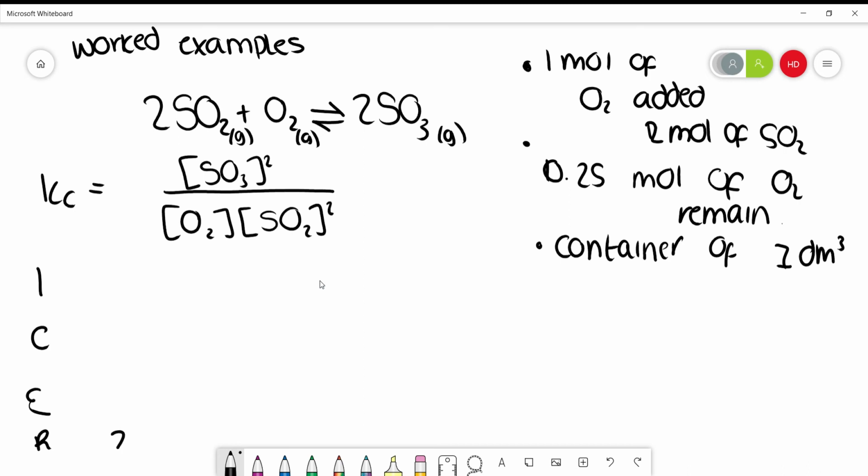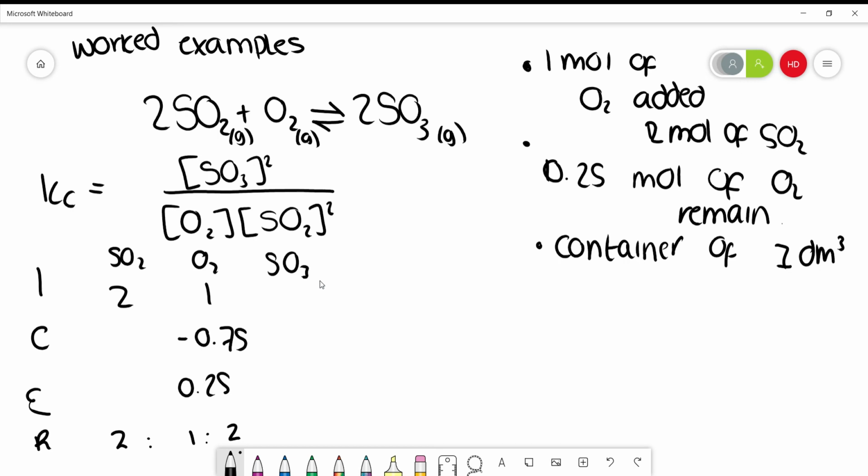We're doing a 2 to 1 to 2 ratio, SO2, O2, SO3. Initially you have 1 mole of that and 2 moles of that. You minus 0.75 because you're having 0.25 moles at equilibrium.